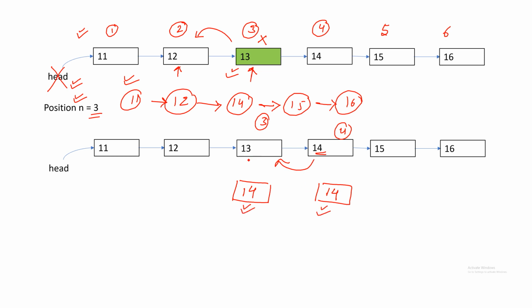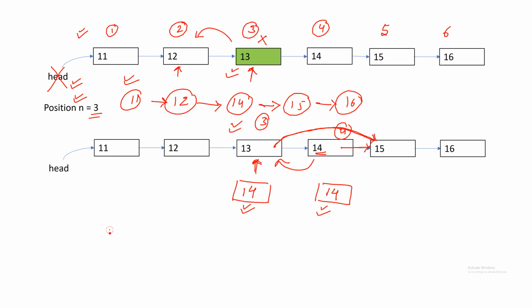And now, because we know the address of this node, we will be given the position of this node, right? So what we can do, we can point the next of this node to 14's next node. So what is 14's next node? 14's next node is 15, right? So if we somehow point the next of this 13 node to 15, we will be getting this result, right?